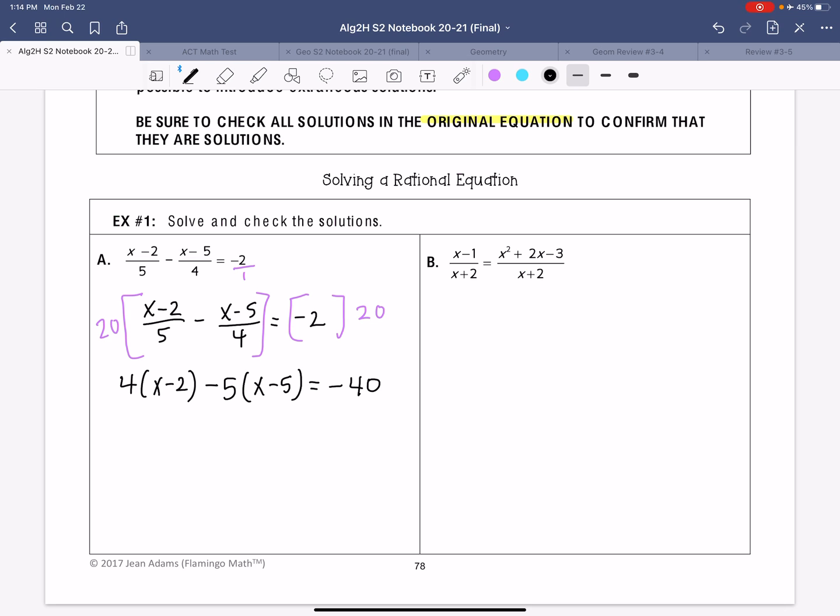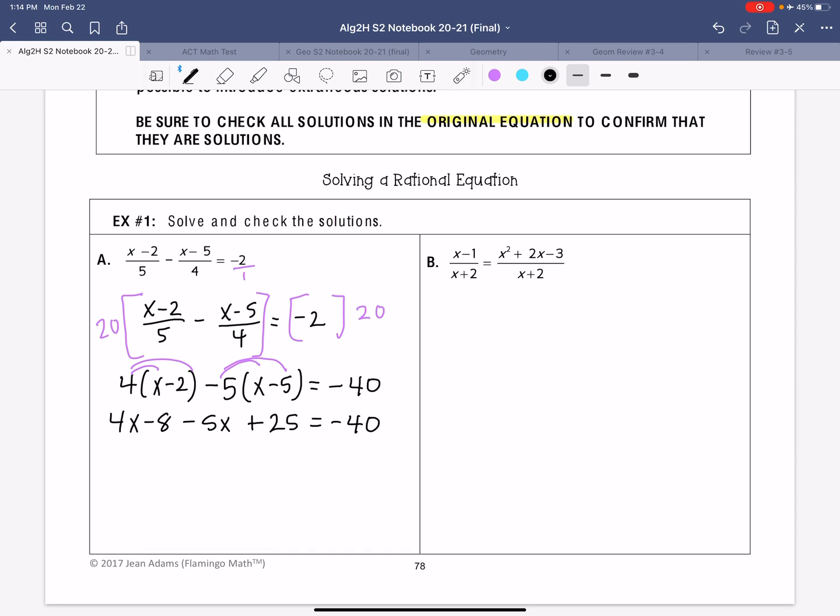You should know what to do next. Let's distribute. Just be careful when distributing this one; make sure you distribute the negative as well. We end up getting 4x minus 8 minus 5x plus 25 equals -40.